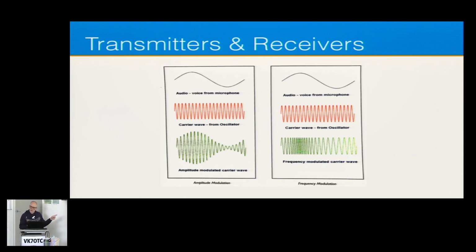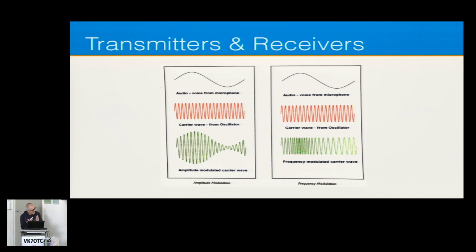FM radio is, as your voice goes up, the frequency modulated carrier wave oscillates even faster, a little bit faster based on the size of your voice wave, and then it gets lower in frequency as your voice comes down.